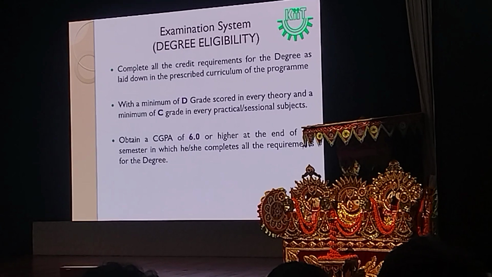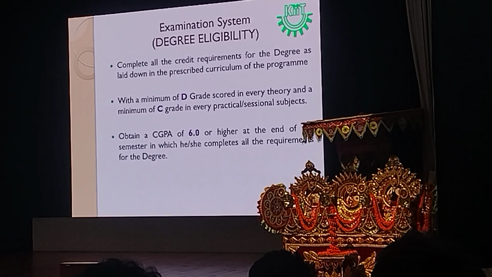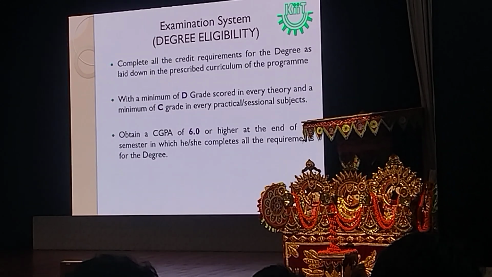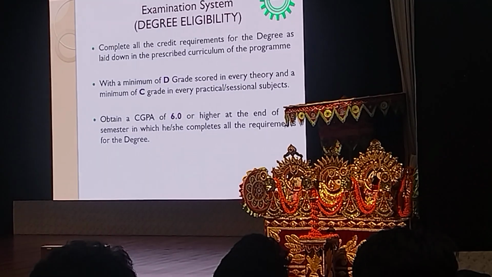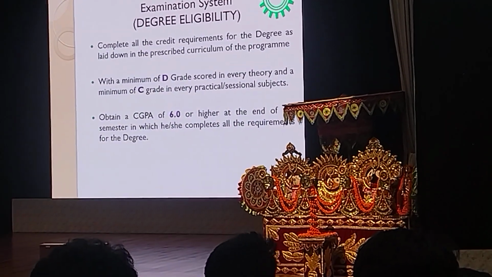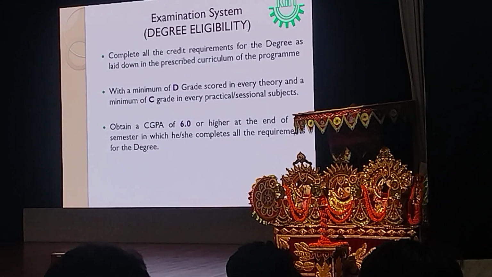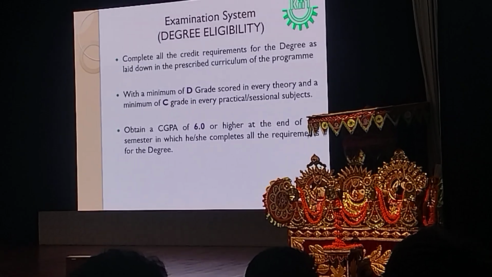We have kept this criteria because we are allowing improvement of low grades. Low grade means C and D grade in theory subjects. Like a backlog subject, you can also reappear in the subjects where you have scored a low grade like C or D grade, the lowermost two grades, so that you will get an opportunity to improve those low grades to a better grade.